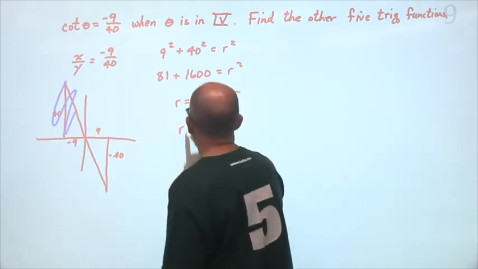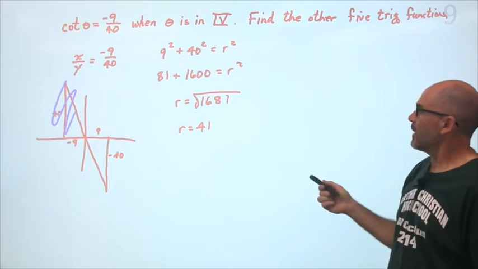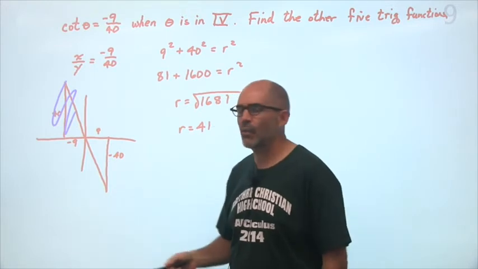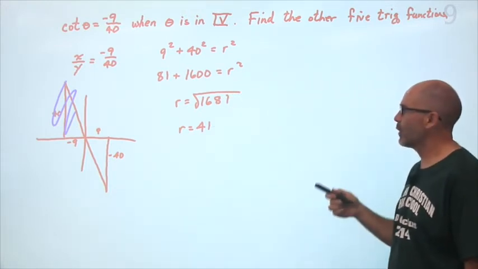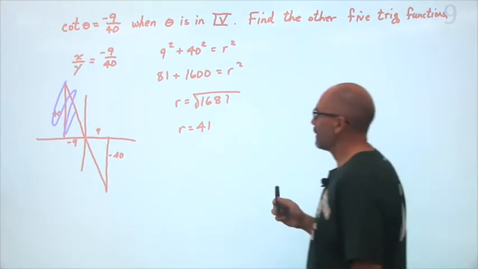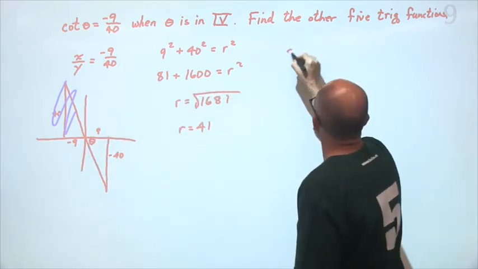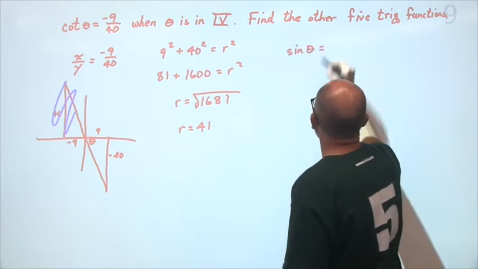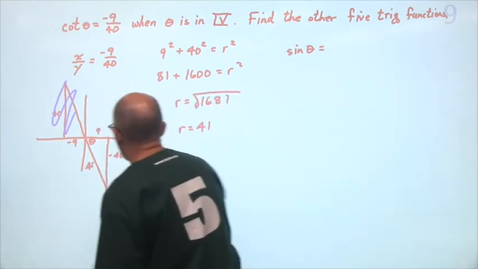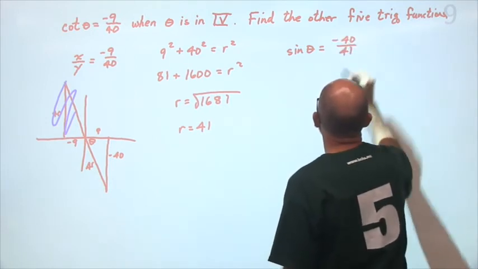So r is 41. And that is a Pythagorean triple that is handy to know. 9, 40, 41. Okay, so we now can get all the trig functions. Notice here's my theta right here. So sine theta is opposite over hypotenuse, which remember this is 41, and so it becomes negative 40 over 41.